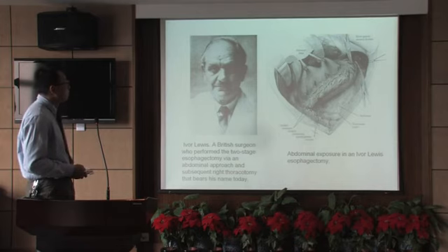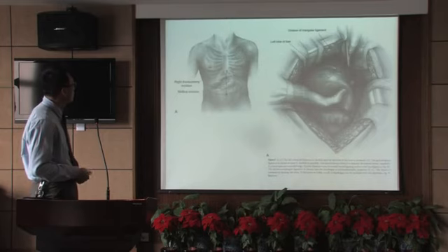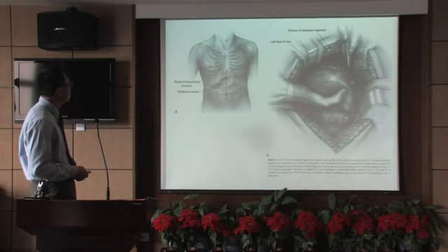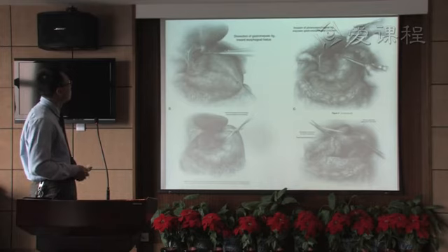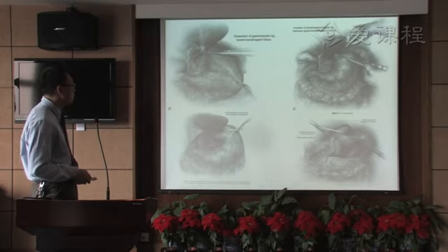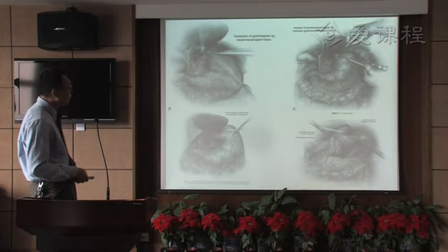This is the abdominal exposure in Ivor Lewis esophagectomy. These are the incisions, midline and right thoracotomy. This is the dissection of the gastrohepatic ligament toward the esophageal hiatus, dividing the omentum and short gastric vessels and dividing the right gastroepiploic vessels.